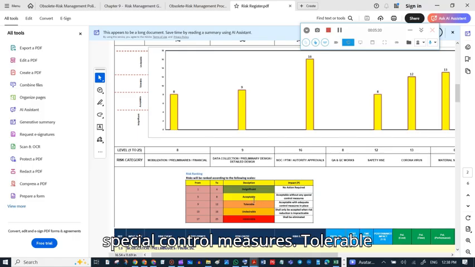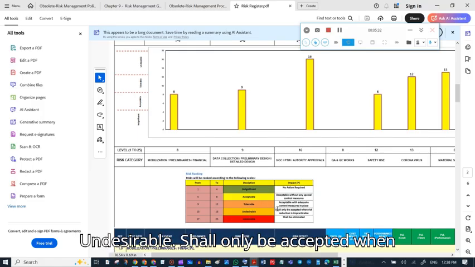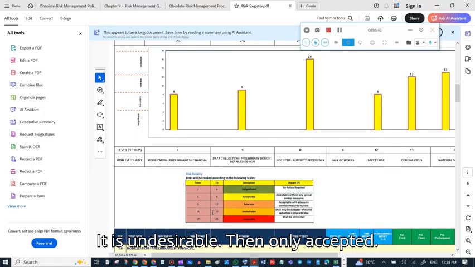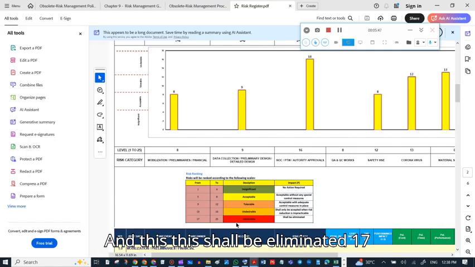Tolerable is accepted with adequate control measures. Undesirable shall only be accepted when the risk reduction is impracticable. And the risk shall be eliminated at 17 to 25.